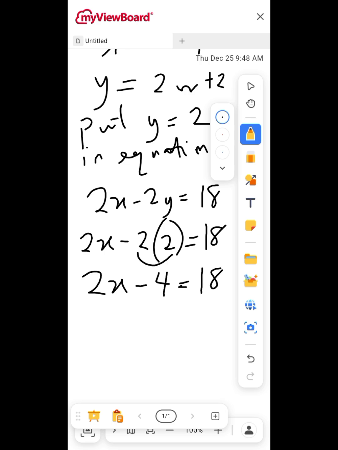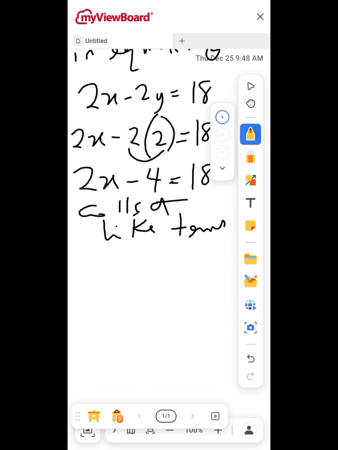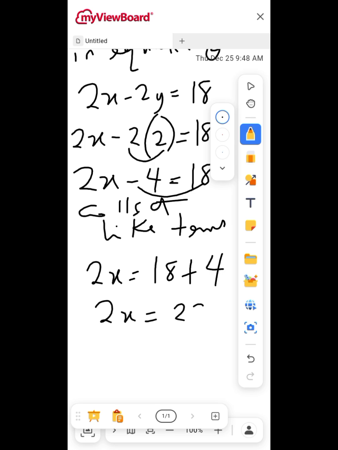This has turned into a straight line equation. We can now collect like terms here, so that this minus 4 will come over. I have 2x equals 18 plus 4, which will give us 22. And how do we normally solve this kind of equation?